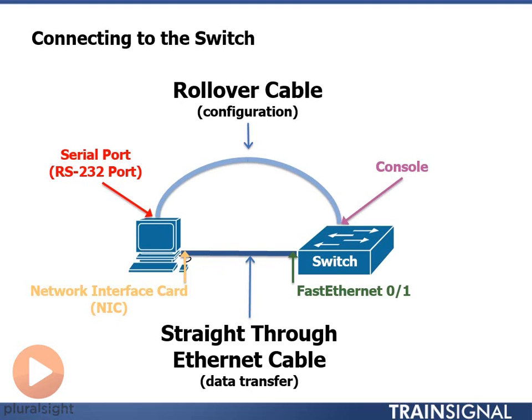What I'm getting at here is that in any location where we have a switch that we need to access remotely, there is a really good chance that we also have a router at that location. And on the router, since the router has the aux port, that's where we can hook the modem up. We don't want to be hooking up a modem to every single switch in our environment.